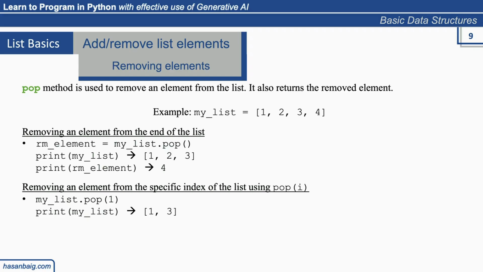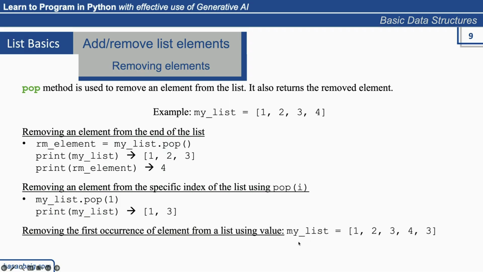All right, so here you can see if pop is used like this, it is going to remove the last element. Again, you can prepare an exam question by yourself. If something is specified in pop, then it is going to remove the element at that index value. There is another one which is very important in comparison to these two. There is another method called remove.